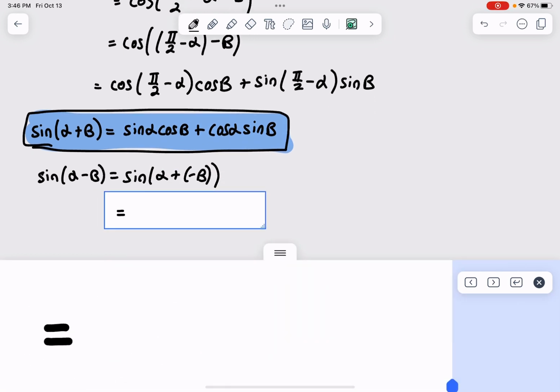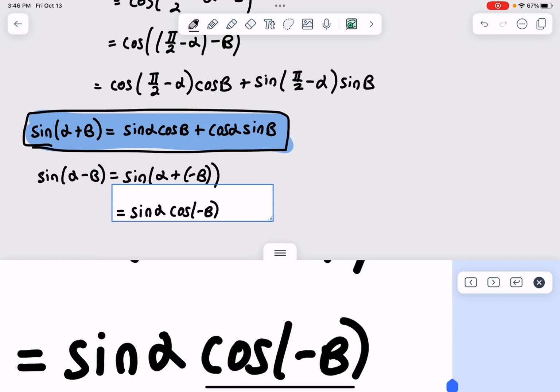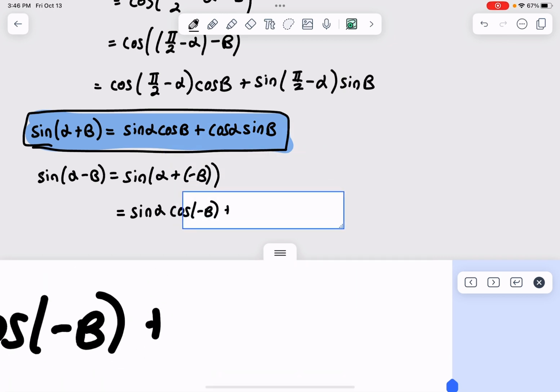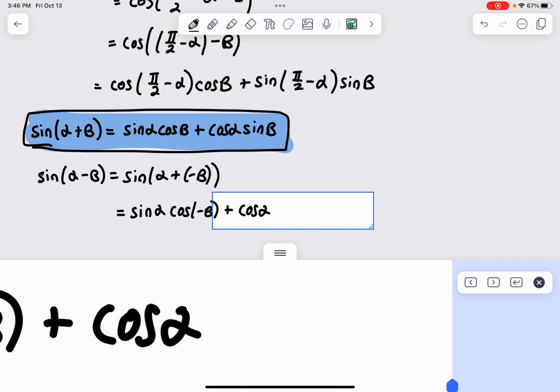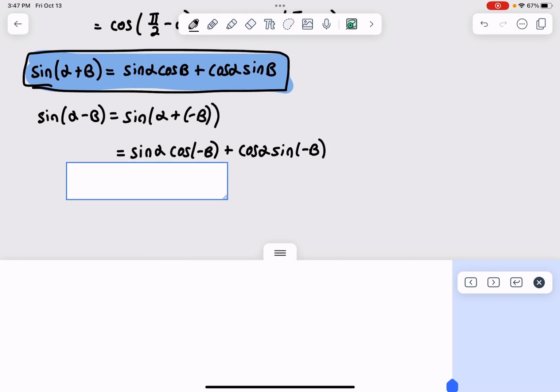And we get that it's sine of alpha cosine of negative beta plus cosine of alpha sine of negative beta. And then we're back once again to our even and odd identities. And so therefore we can go in here and say cosine of a negative is just cosine of that.